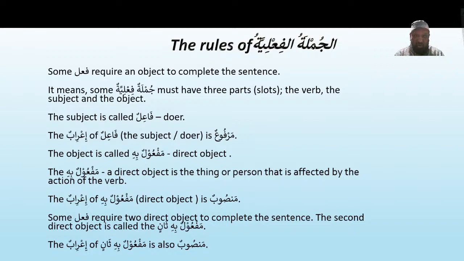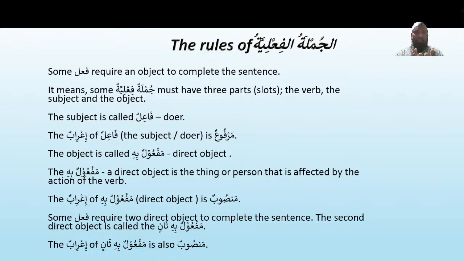fi'liyah in mansub case, first think, does the action of the person affect this ism? If the action of the person affects this ism, then it will be maf'ulun bihi.